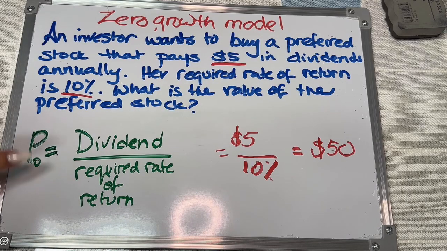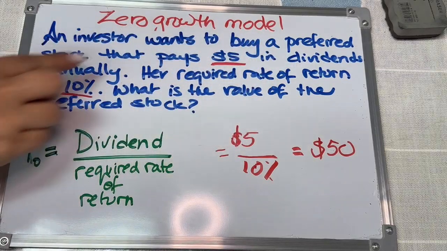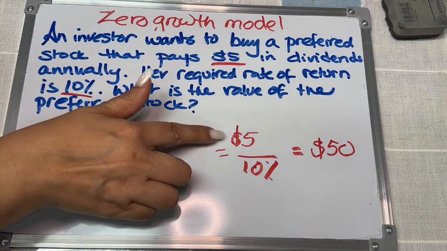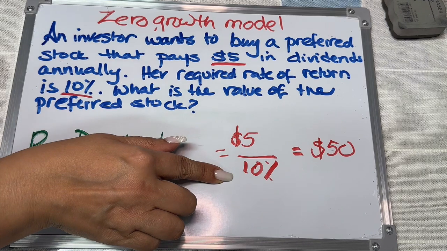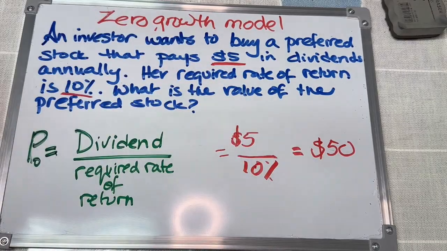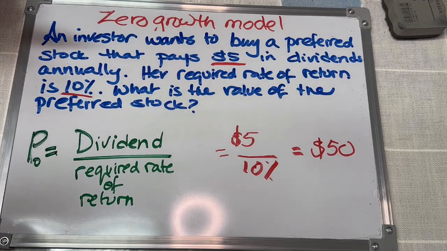So simply, you take the dividend, $5 in dividend annually, divided by the required rate of return, which is 10%. 5 divided by 10%, or 0.1, you know that 10% is 0.1 as decimal, that would equal $50. And that's how you would calculate the price of a preferred share, or a zero growth for dividends. Okay, a dividend that grows at 0%, which means it does not change. That would be the formula.